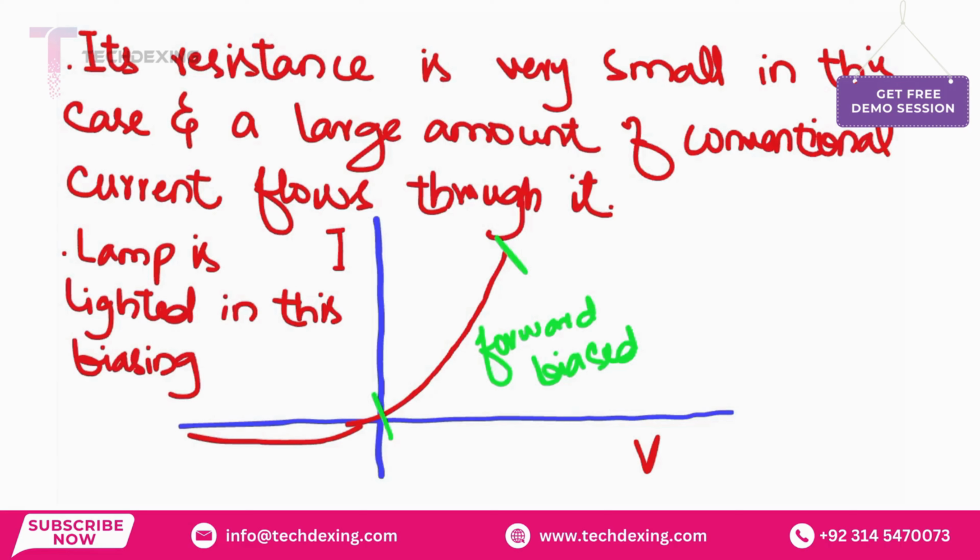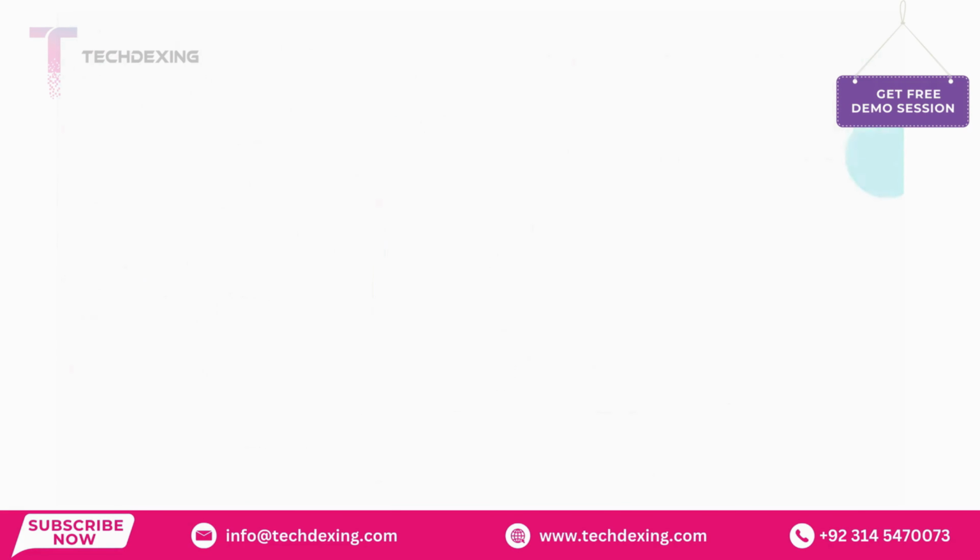So when you put the semiconductor diode in the forward biased manner, the lamp would be lit up. Got it? Now jump to the next slide.